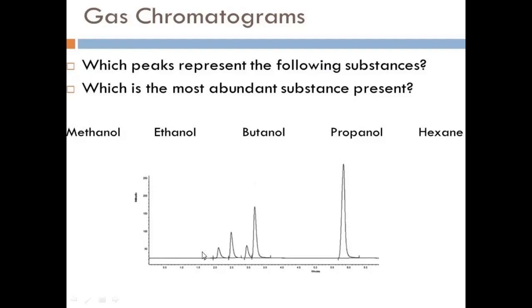Whatever volatile constituents are present in your test extract will go into the flow of gas, and depending on their volatility they give peaks. Here you can see different volatile substances: methanol, ethanol, butanol, propanol, hexane. These are volatile solvents, right?